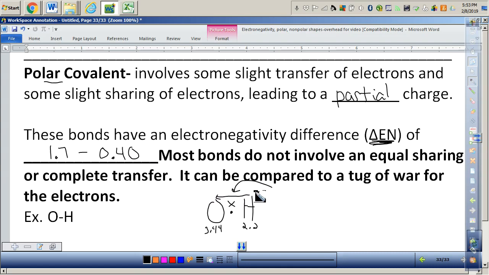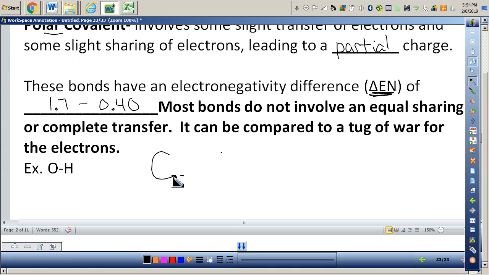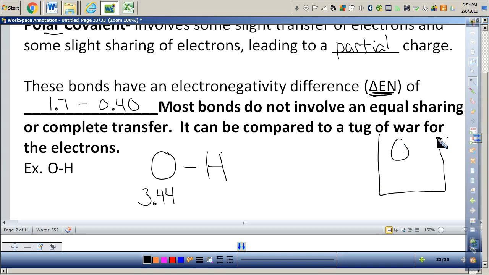Okay, so if we look at our oxygen and hydrogen, let's rewrite this in a nice, neat way. If we have oxygen with hydrogen, and oxygen's number is 3.44, stop and make sure you look at your periodic table and find that number. So right here underneath the symbol, you should see this 3.44 number. And hydrogen is 2.2.